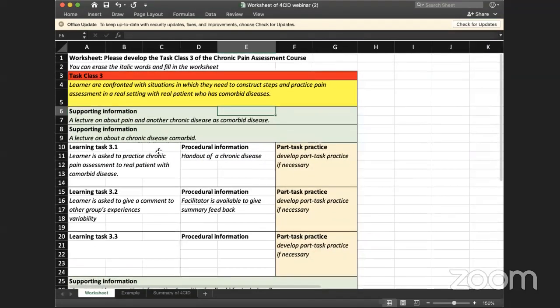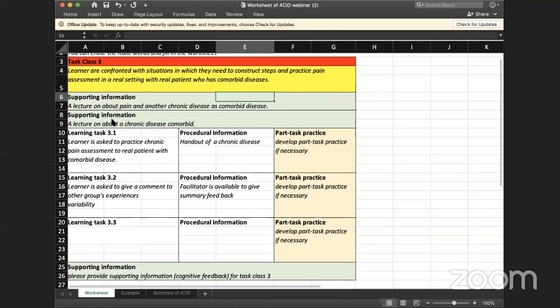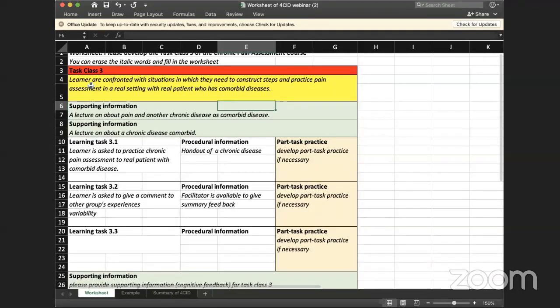We discussed with the colleagues in our group that we asked the learner to have a more difficult situation, where we add the problem of a comorbid disease to make the task more complicated.